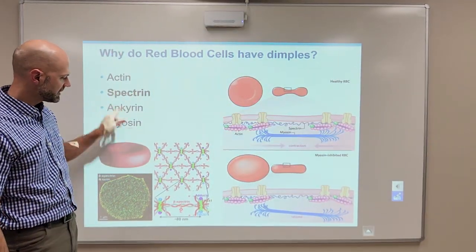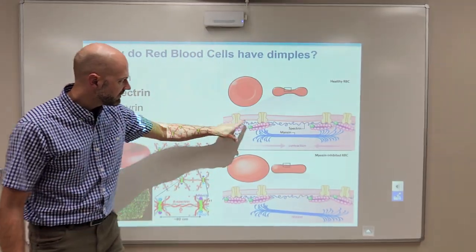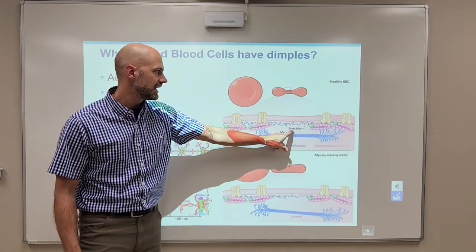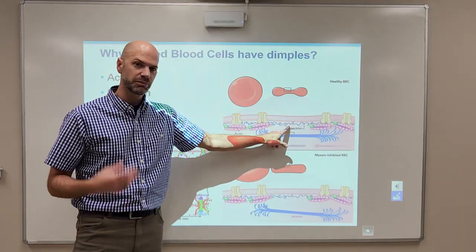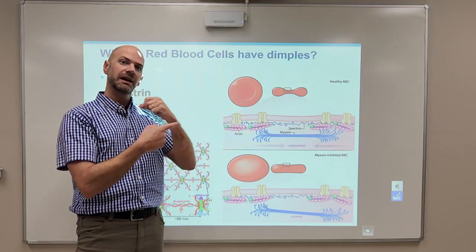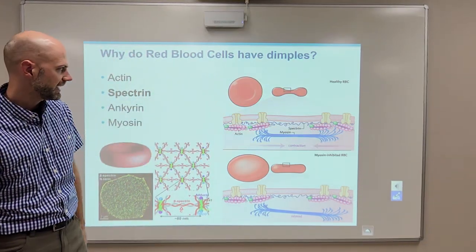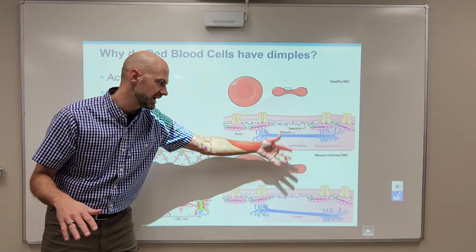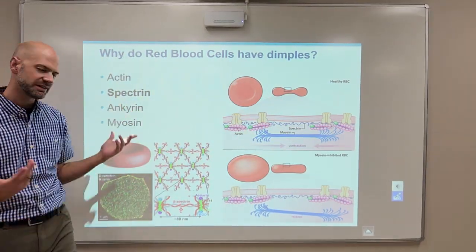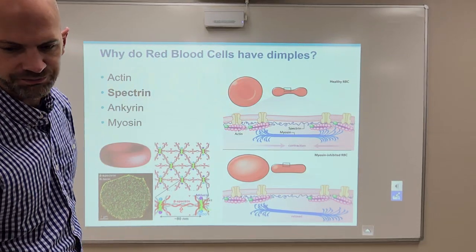This protein spectrin is arranged in a very particular order, and it allows for this dimpling effect to occur. Spectrin is a protein that pulls the dimple inward in this circular form. You don't have to memorize where it's located, but spectrin is the name of this protein that gives it this dimpled appearance. Kind of interesting.